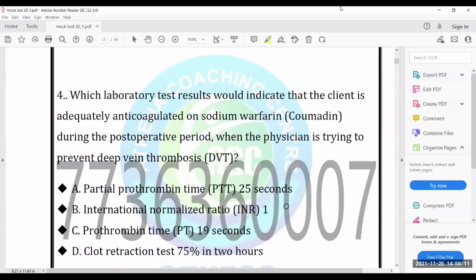What is the answer? INR or PT? INR, option B. Yeah, INR.